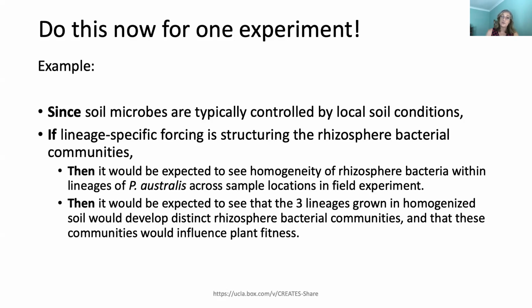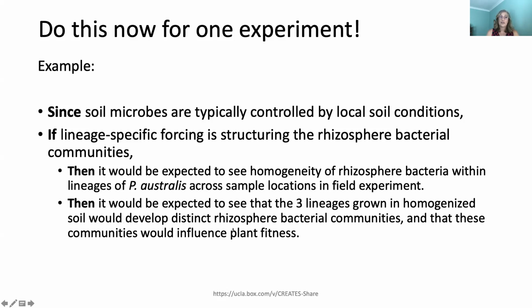The soil microbes might be influenced by the environment, but is the plant really changing what microbes are there? That's the question in the if. If that is true, then what might they expect to observe in these experiments that they've conducted? There are a couple of potential expected outcomes that go along with this research question.